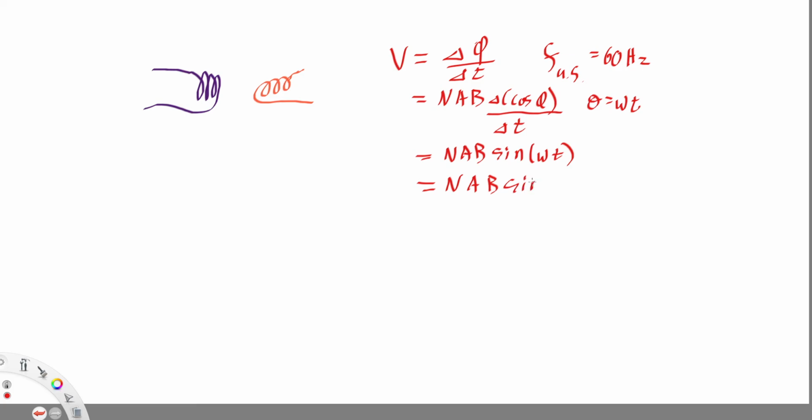So this is 2 pi times 60 hertz times time. So the voltage that we get out of our wall socket varies as a function of time, but it varies very quickly.